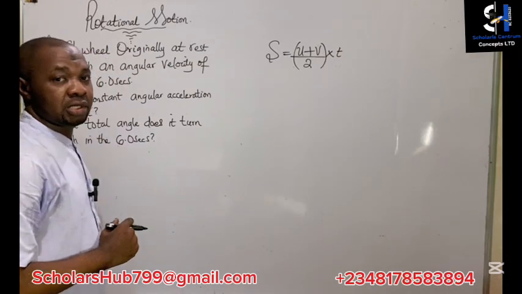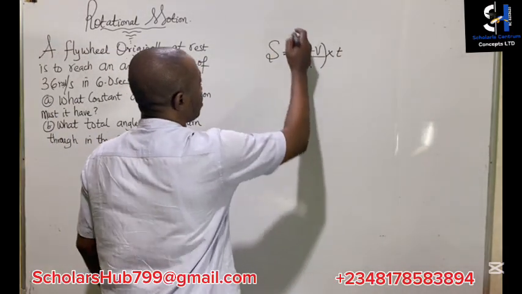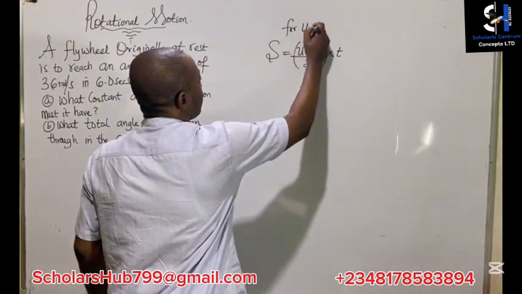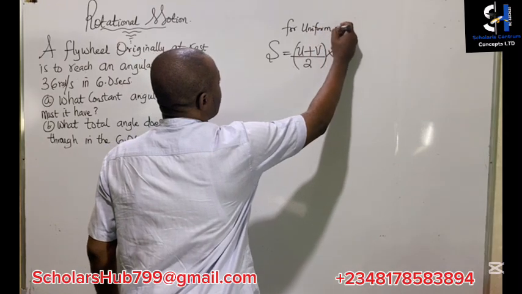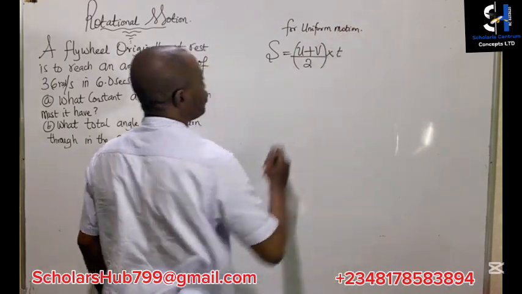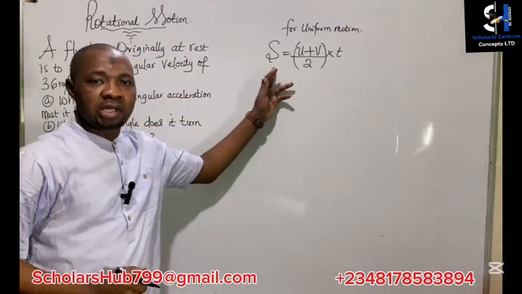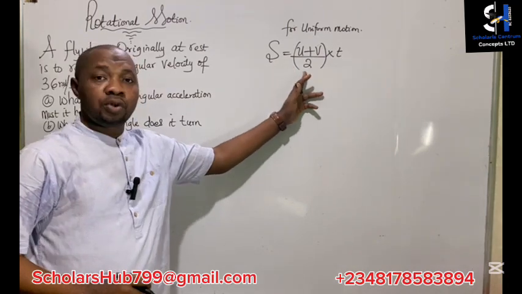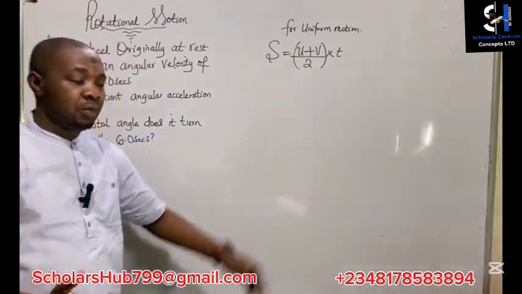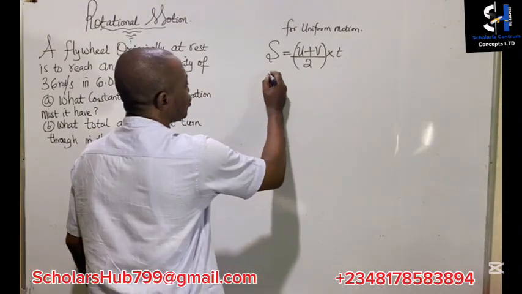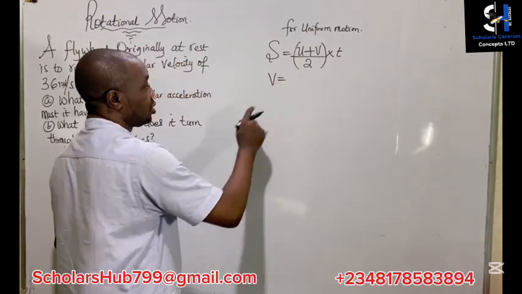That's average distance, and this is for uniform motion. So we know that average distance is equal to the product of average velocity and time.